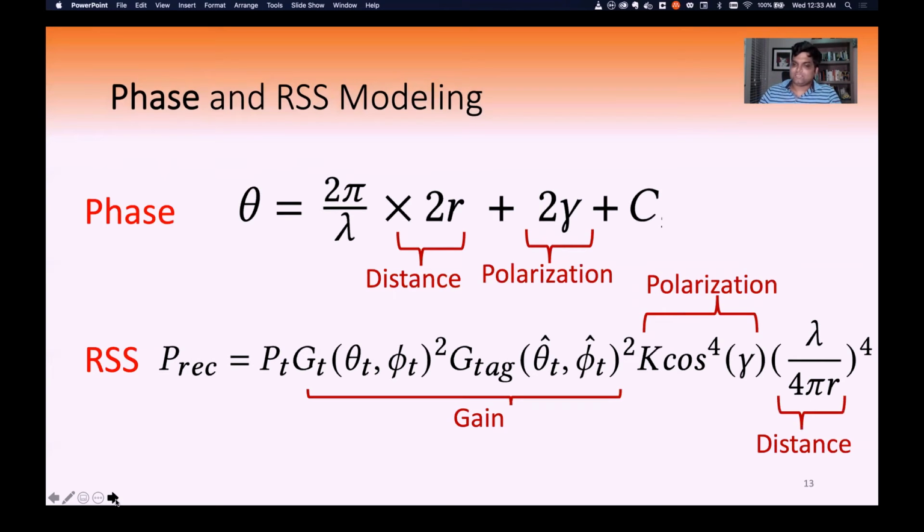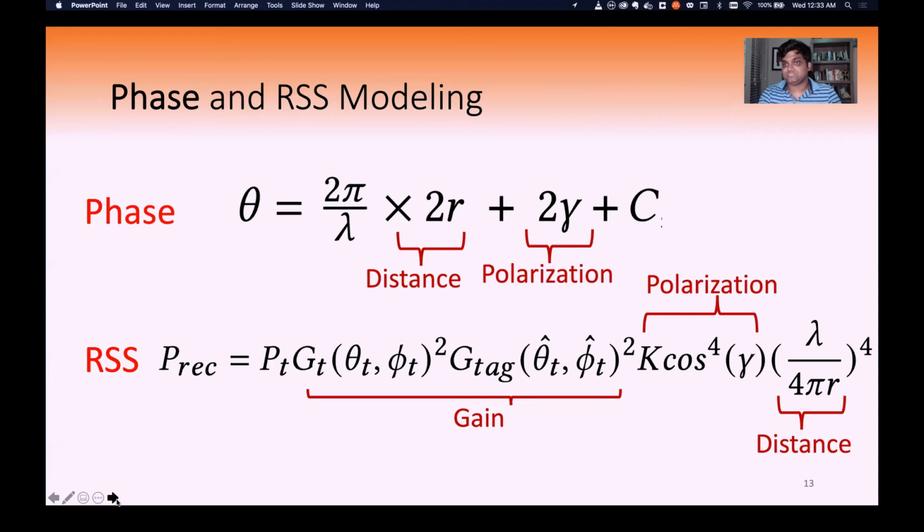And if we model them after getting the polarization constant k, which corresponds to a particular tag, and if we select the frequency, and if we get the gain pattern of the antenna and sample them correctly, we can model them very accurately.